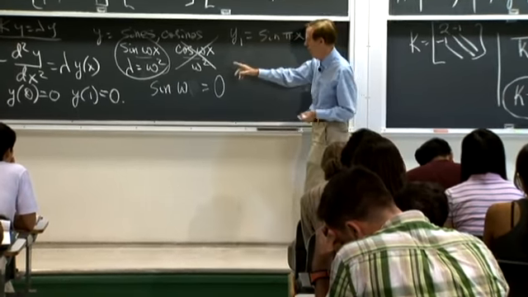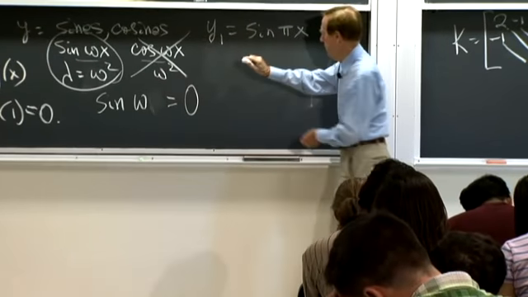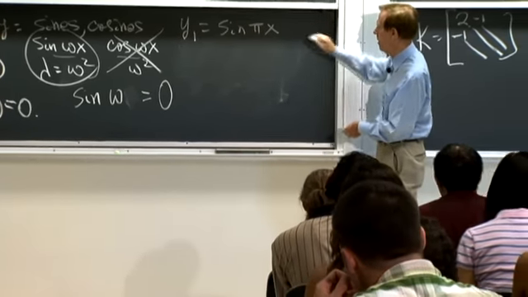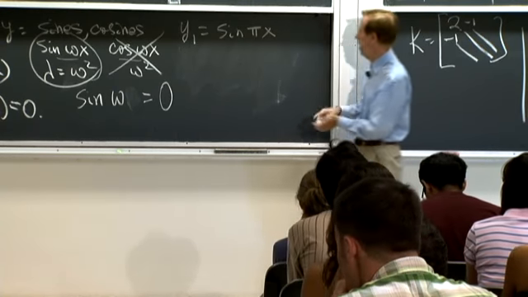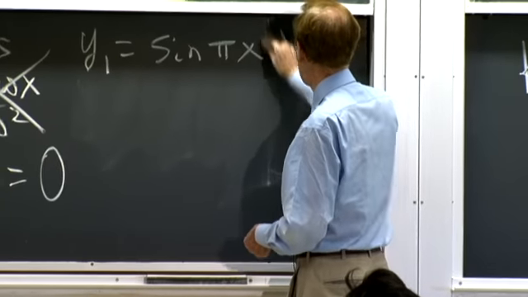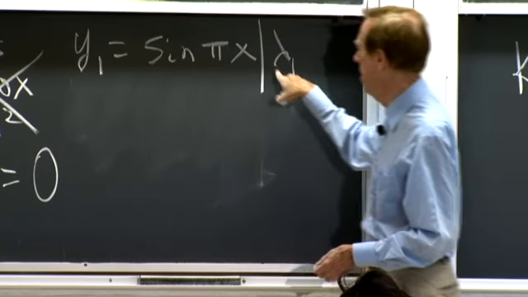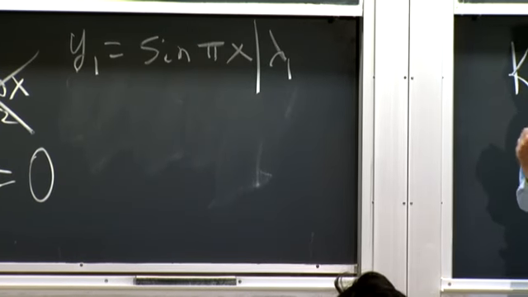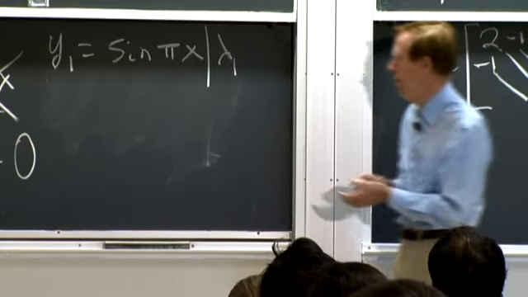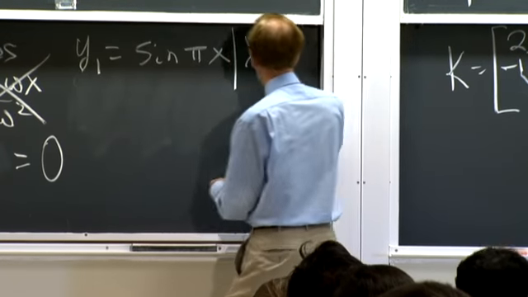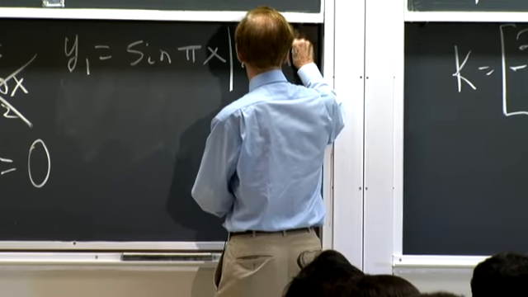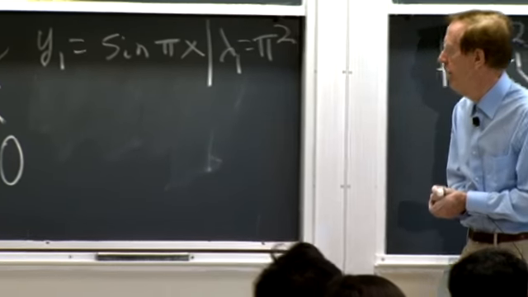It satisfies the boundary condition. Everybody would know its picture, just one arch of the sine function. And the lambda that goes with it, lambda 1. What's the first eigenvalue? Pi squared, because omega we took to be pi. So lambda 1 is pi squared. Good. We've got one.